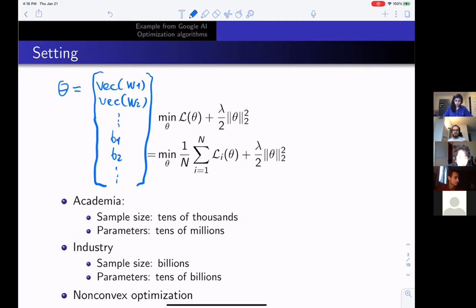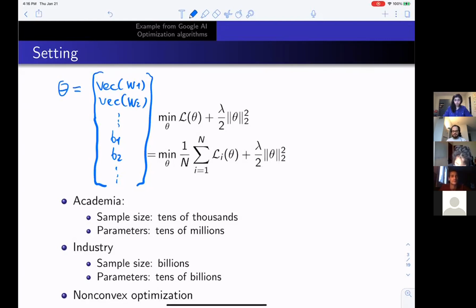So we have a long vector of the first weight matrix, a long vector of the second weight matrix, etc., and then all the biases, and everything is concatenated into a very long vector.